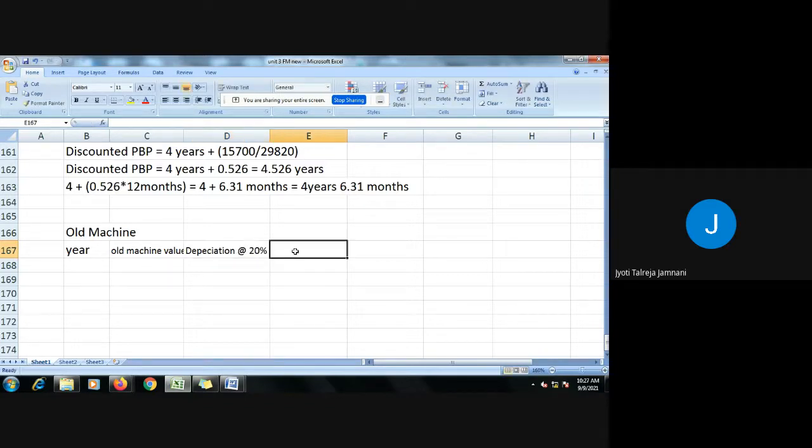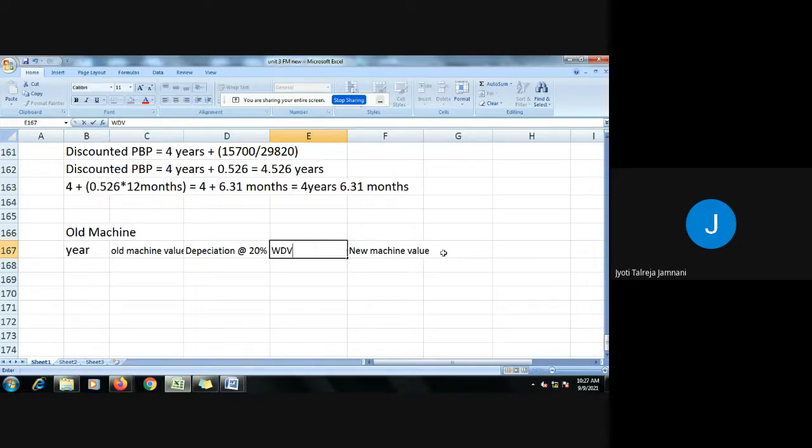Okay, then we'll see the new machine now. So here, new machine value. Just a second. We need to add one more column here. WDV, written down value.